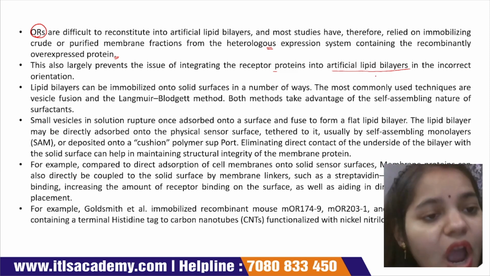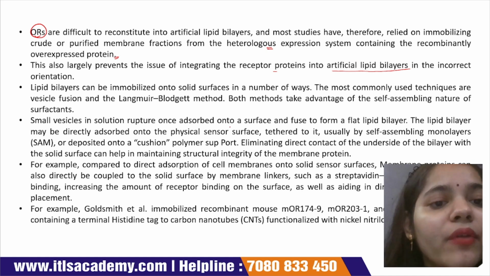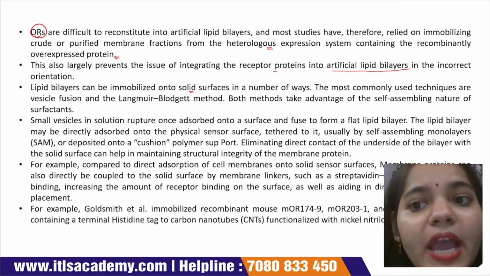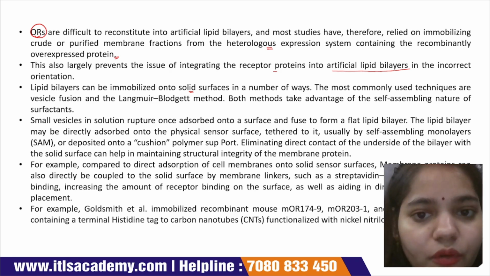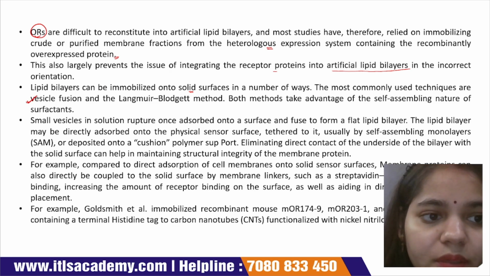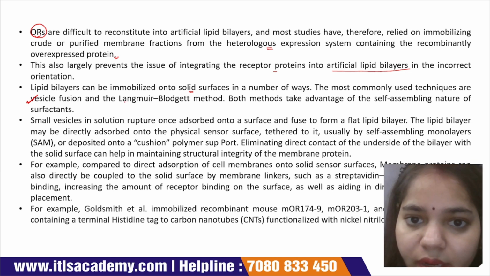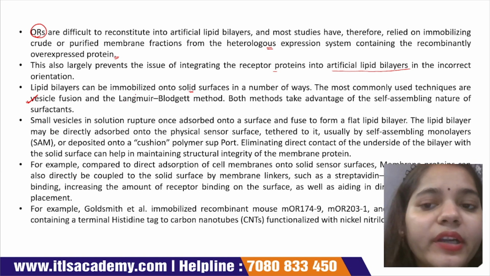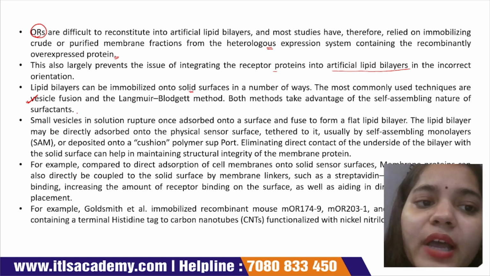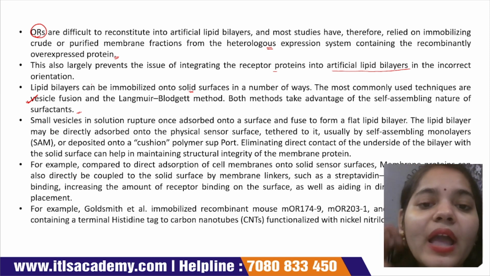Okay, for the immobilization of lipid bilayer on the solid surface, basically we use two types of method. The first is the vesicle fusion method and the second is the Langmuir-Blodgett method. Okay, both methods take advantage of the self-assembled nature of surfactant. Okay.